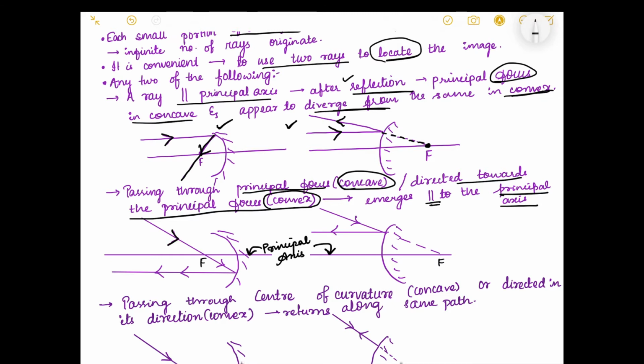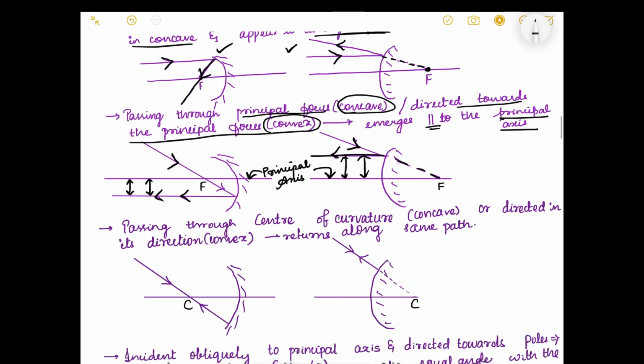It is directed towards the focus in the case of the concave mirror. It emerges parallel to the principal axis. Now in this case, this ray is directed towards the focus of the mirror, so it emerges parallel to the principal axis, and this distance also remains the same, as these two lines are parallel to each other.